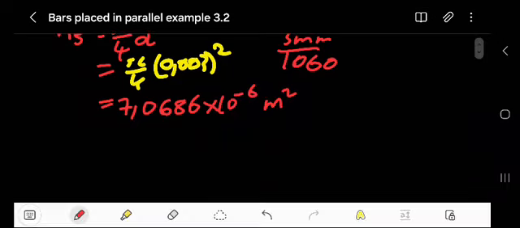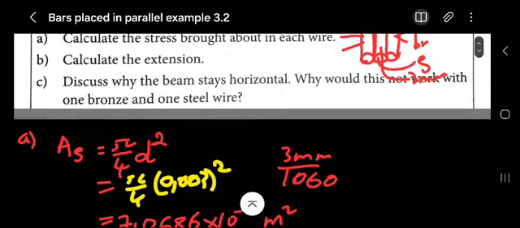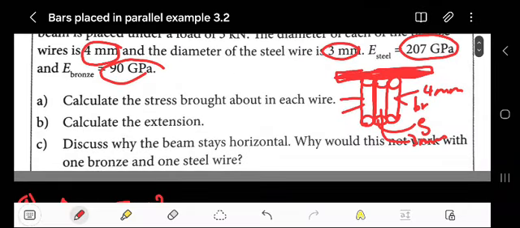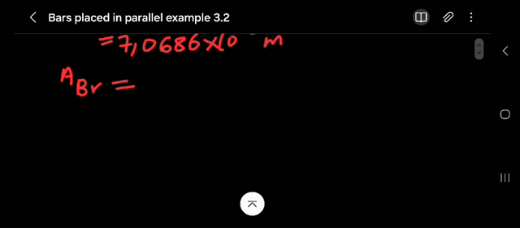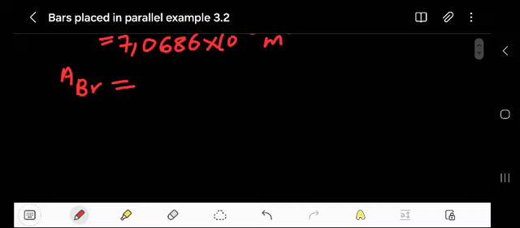Then the area of the bronze wires, which I've sketched for you. We have two bronze wires, and they are identical. They have identical diameters, so it's obvious that you'll have 2 multiplied by the area of the bronze wire, because they are the same.